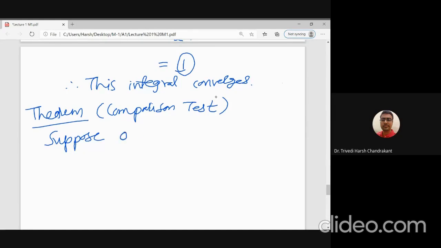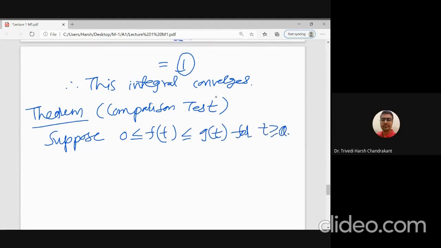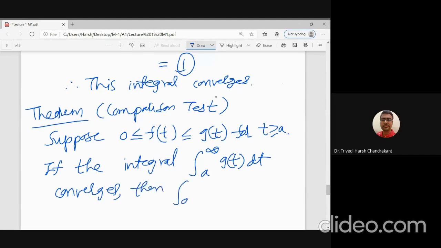Same way here we are taking the functions to be non-negative over the given interval, for t greater than equal to a, and if the right side integral is convergent, then the left integral converges.